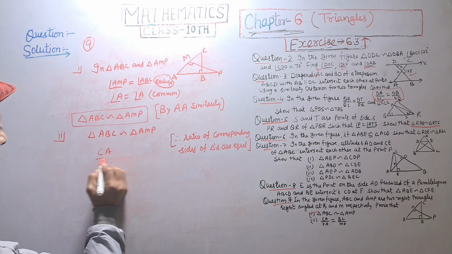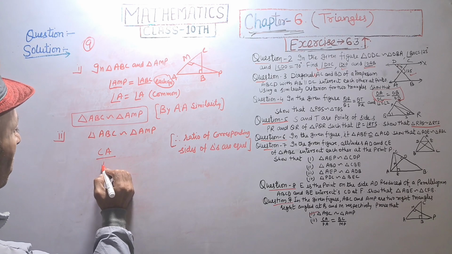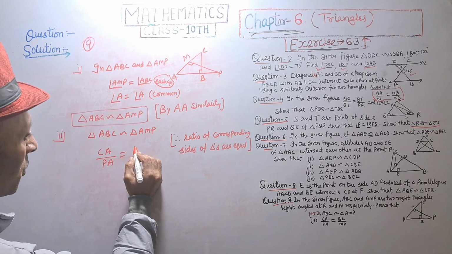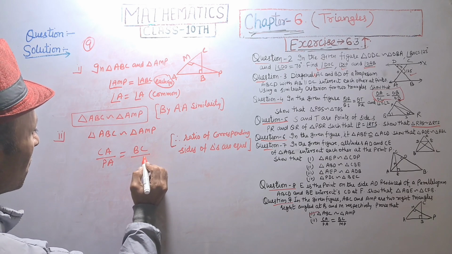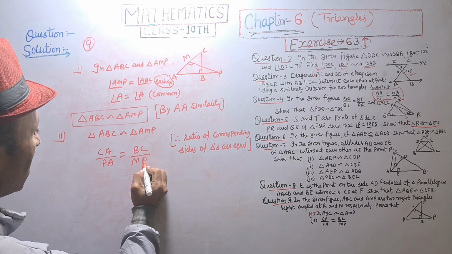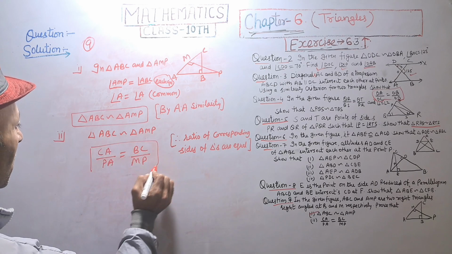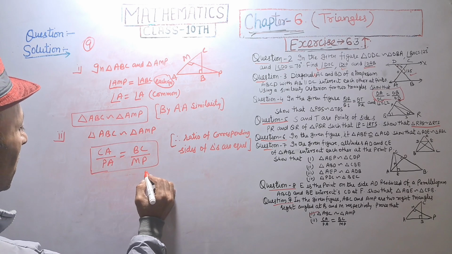CA upon PA is equal to BC upon MP. Hence proved.